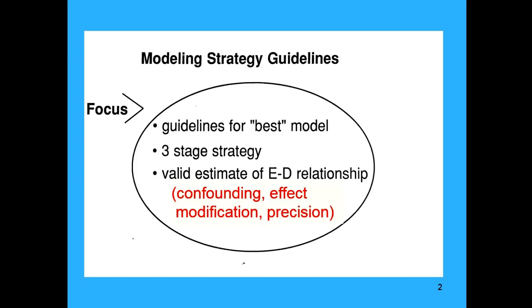One of them is effect modification, or its statistical related component interaction, and the other is precision. So the goal of what we're going to be talking about here is trying to come up with the right answer, a valid answer that takes into account confounding, interaction, and precision in some reasonable way.